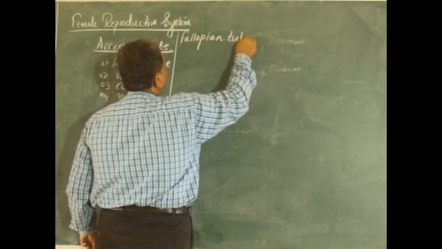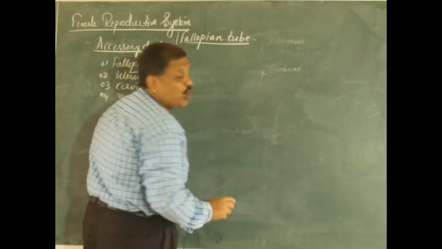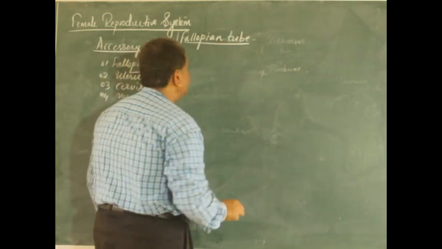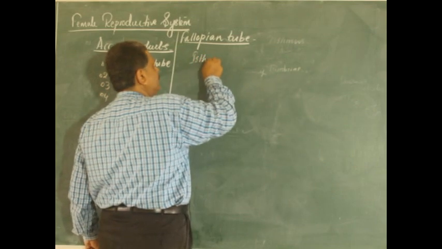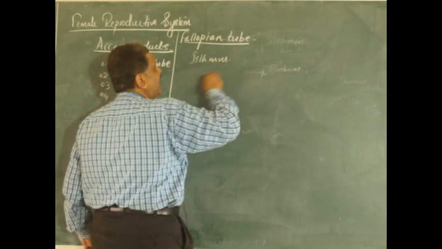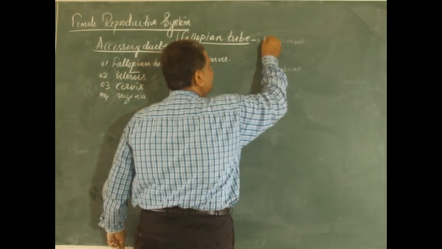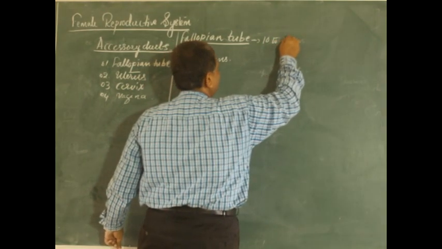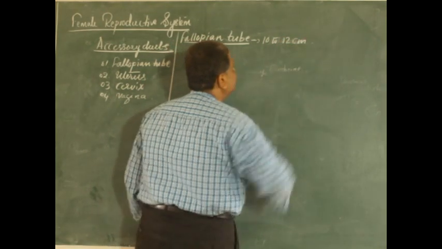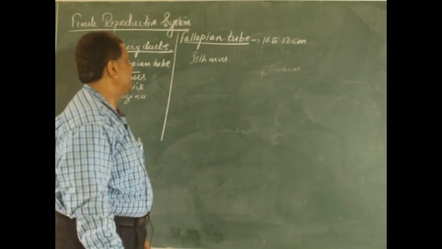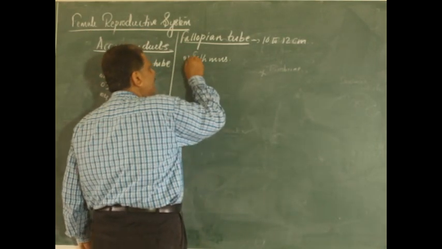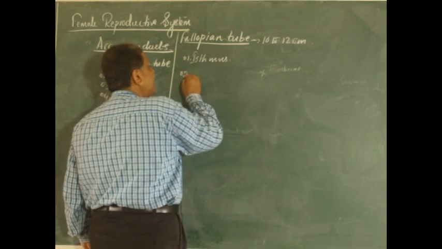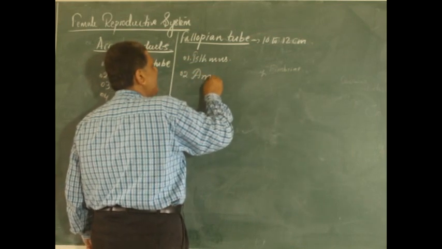Fallopian tube, it has a long tubular part that is called isthmus, and the length of the fallopian tube is 10 to 12 centimeter. After this isthmus, the next widened part is ampulla.